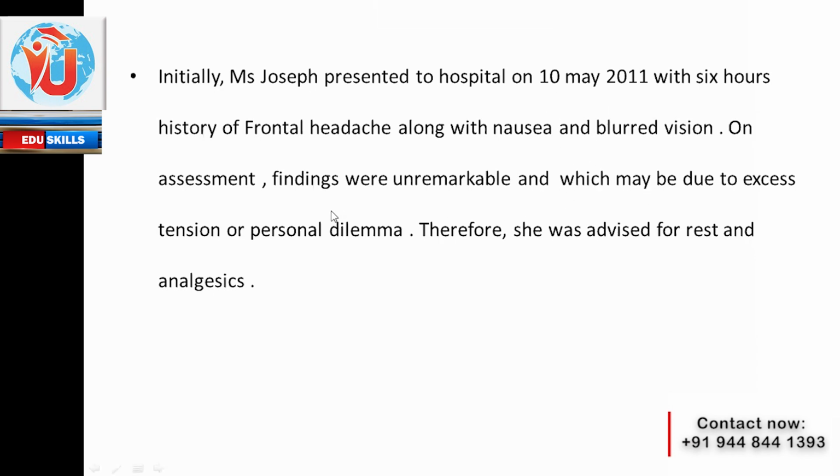And on assessment, when we assess her, what findings we got. After the comma, findings were unremarkable. If you go through that date, you can see there were many things, not aura, no other symptoms. If there is none, you can say that findings were unremarkable.